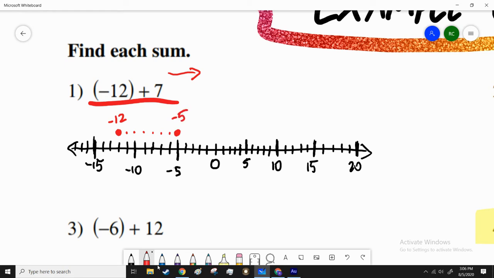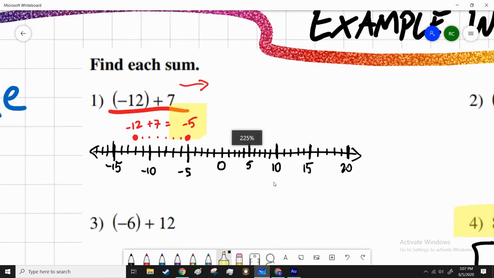Well, that's negative 5. I think I'll indicate my answers going forward by highlighting. Okay? So the answer is negative 5 for number 1.